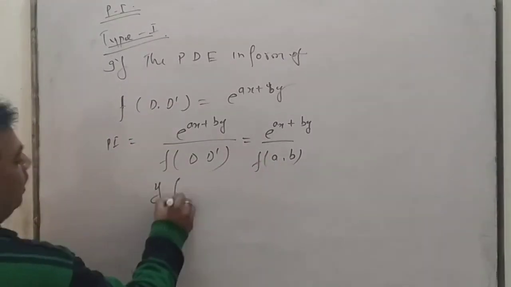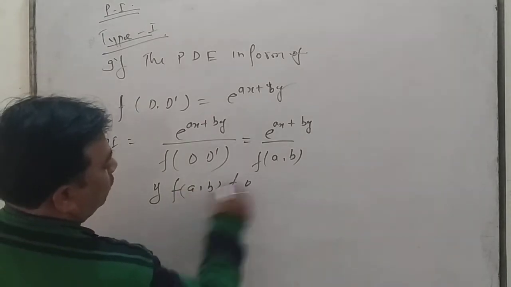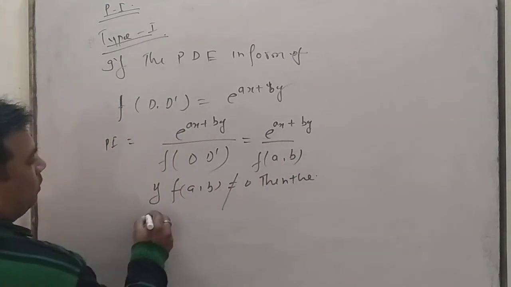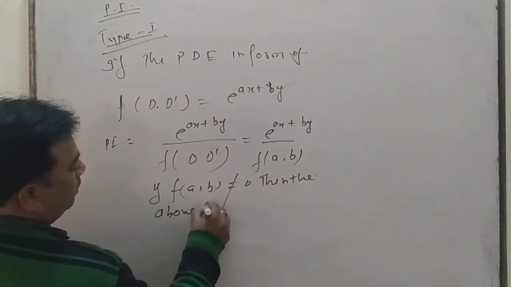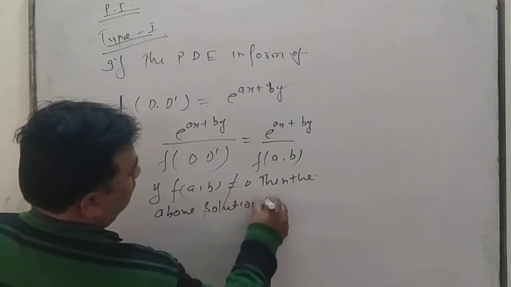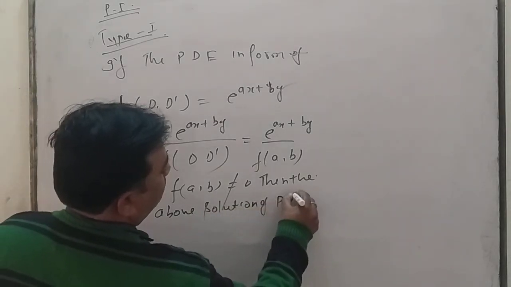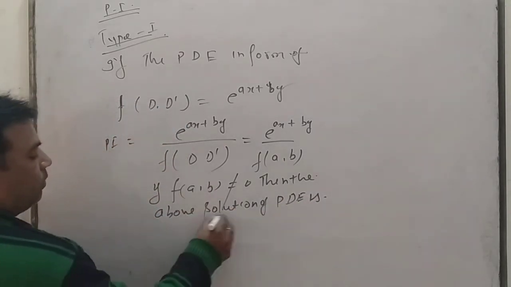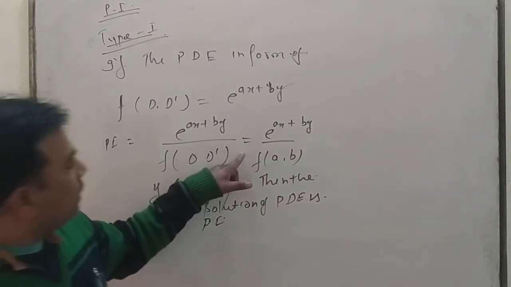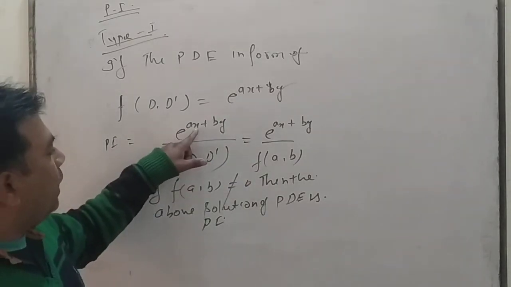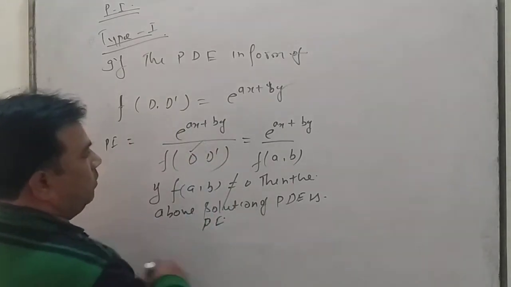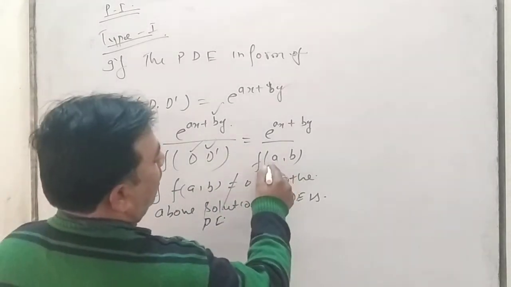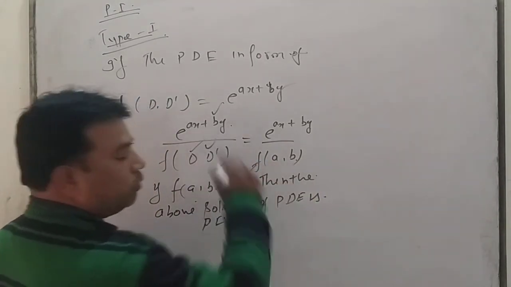If f(a, b) does not equal 0, then the above is the solution, the PI, of the PDE. Putting the x coefficient a in place of D and the y coefficient b in place of D dash, you see that f(a, b) does not equal 0. Only in one case might the condition fail, that is f(a, b) equals 0.